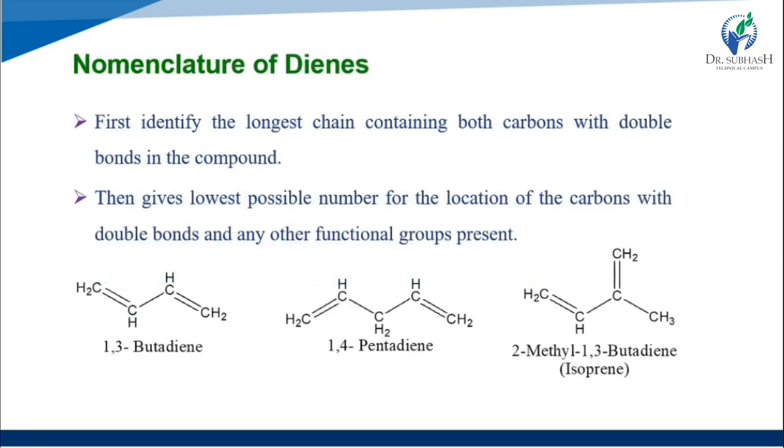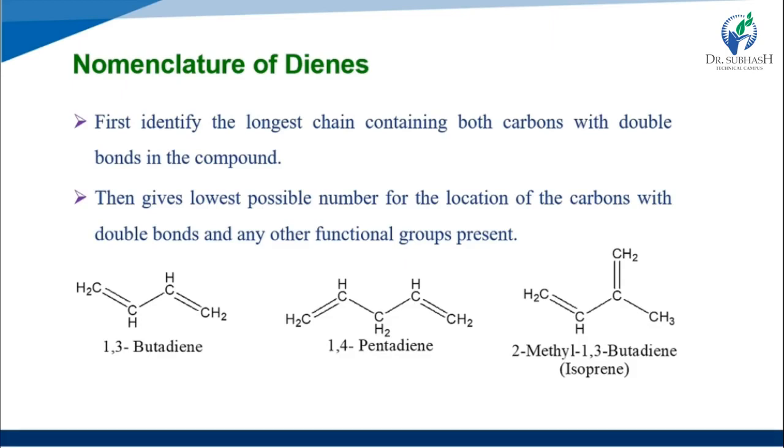First identify the longest chain containing both carbons with double bonds in the compound. Identify the carbon numbers and double bonds of the structure, and then give the lowest possible numbers for the location of the carbons with double bonds and any other functional group present. Here are three examples: first, 1,3-butadiene, which has 4 carbons and two double bonds.